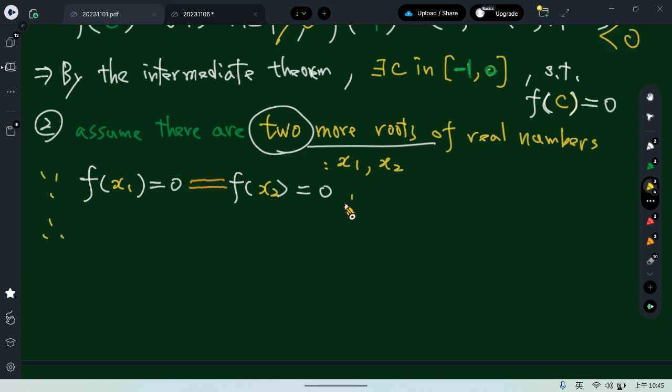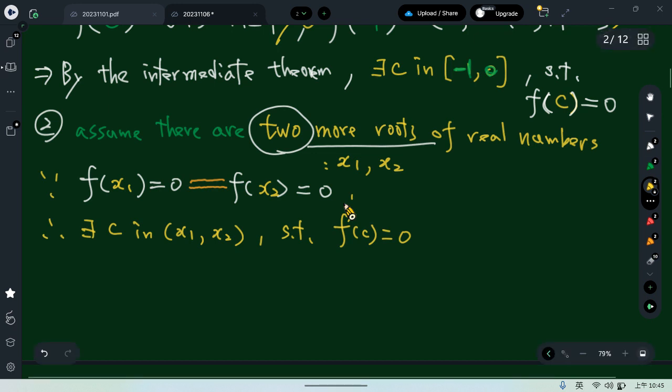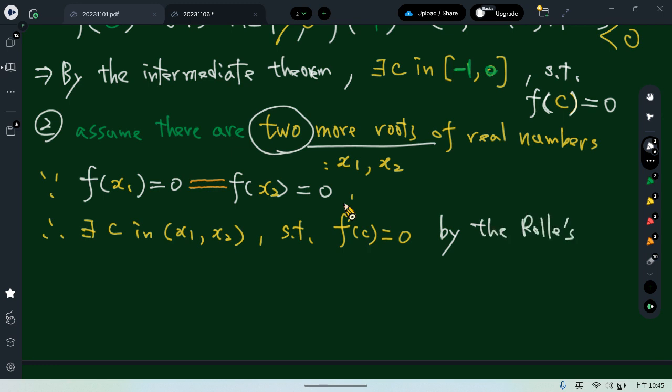So we can find a c between x1 and x2 such that f prime of c is equal to 0. This is by Rolle's theorem, right?